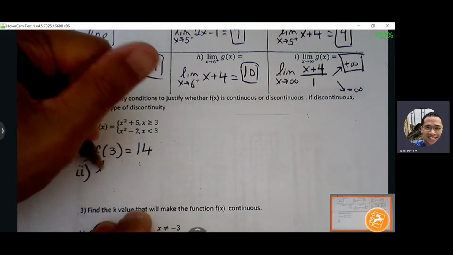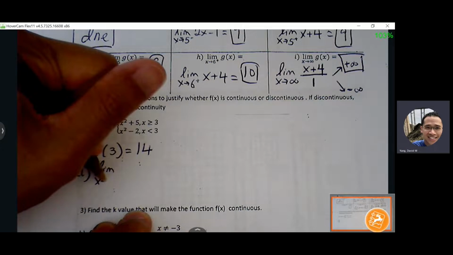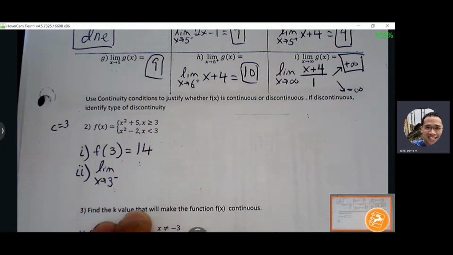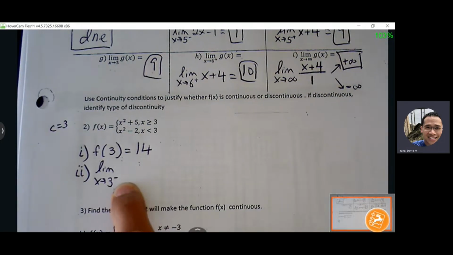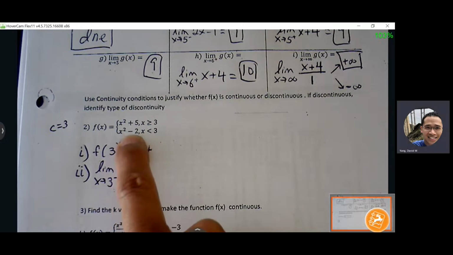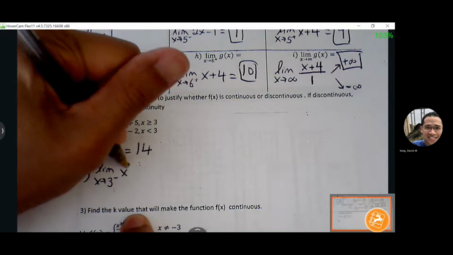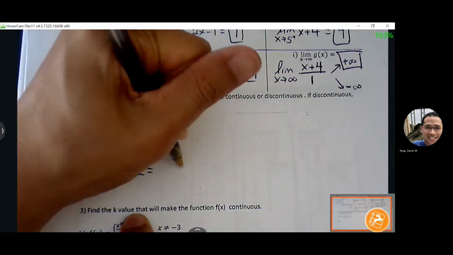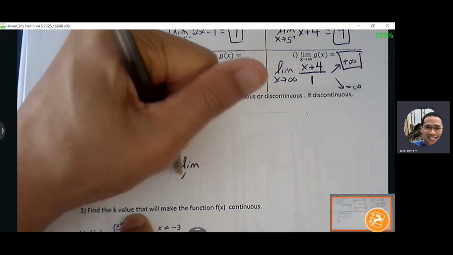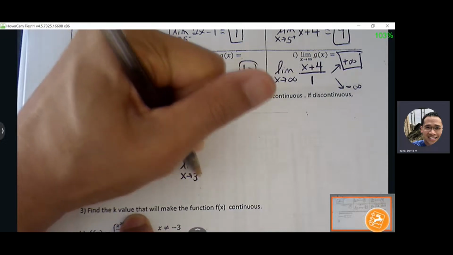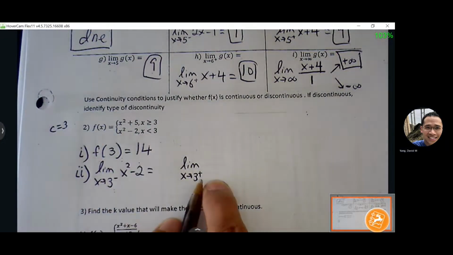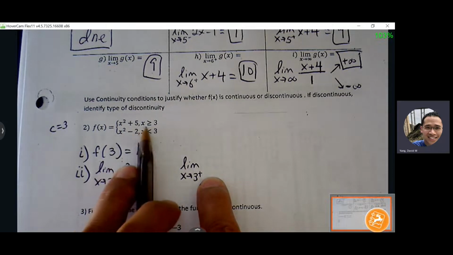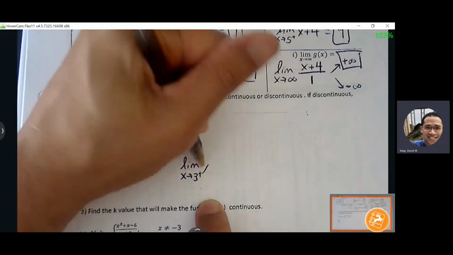All right, so limit as x approaches 3 from the left side of 3. Which one do I choose for left side of 3? Less than 3, right? So x squared minus 2. Separately, limit as x approaches 3 from the right side of 3. These are values greater than 3, so that'll be x squared plus 5.